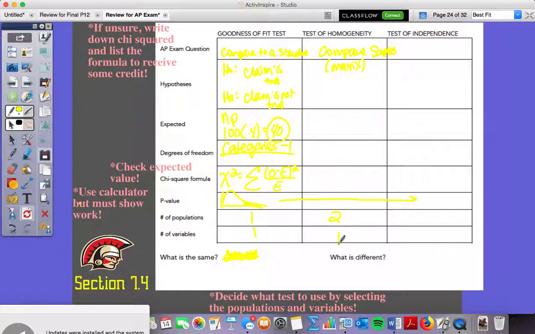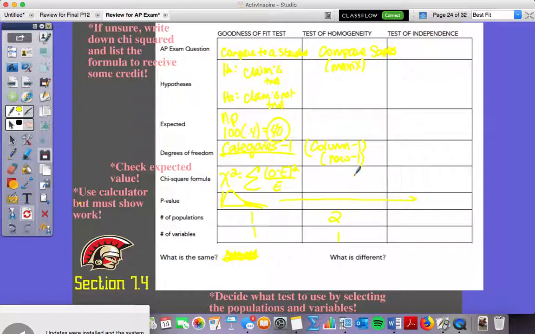Okay. The degrees of freedom on this would be column minus 1 times row minus 1. To get the expected, we do the row total times my column total. Hold up. I thought I said that wrong yesterday too.